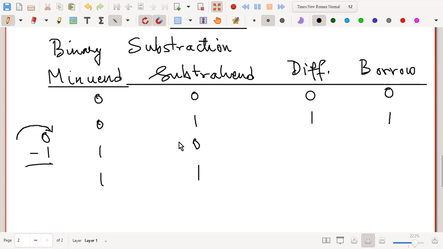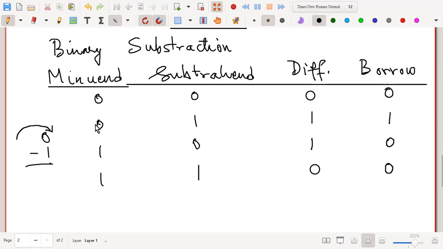Okay, so now 1 minus 0, you can do the subtraction. 1 minus 0, difference is 1, and you did not borrow anything, so 0. Fine. And now 1 minus 1, the difference is 0, and the borrow is also 0. Okay, so this is the table. If you do the subtraction of any two numbers, you need to keep this in your mind.